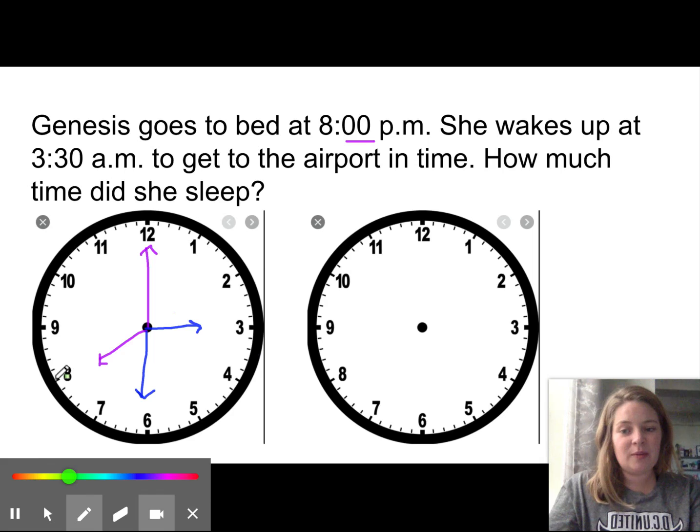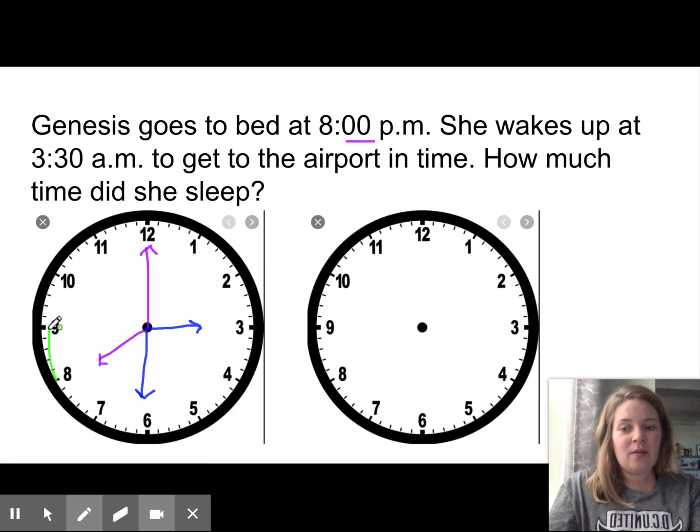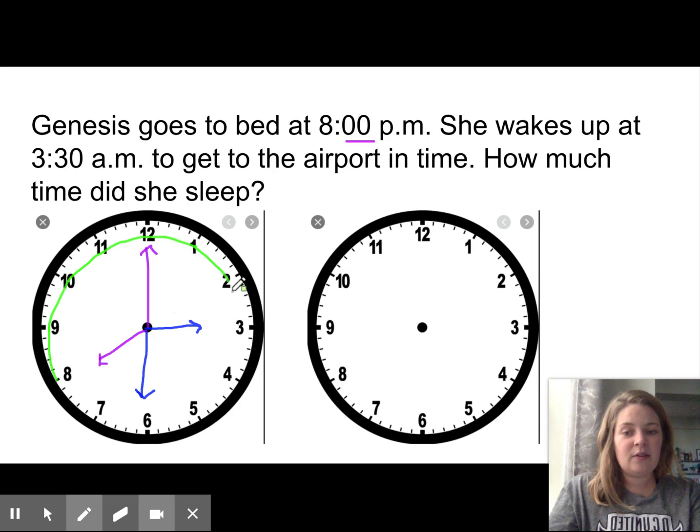We count jumps, remember? So 1 hour, 2 hours, 3 hours, 4 hours, 5 hours, 6 hours, 7 hours. So she sleeps for 7 hours. And since our minute hand also moved, we need to count to get from 12 to the 6 on the minute hand.